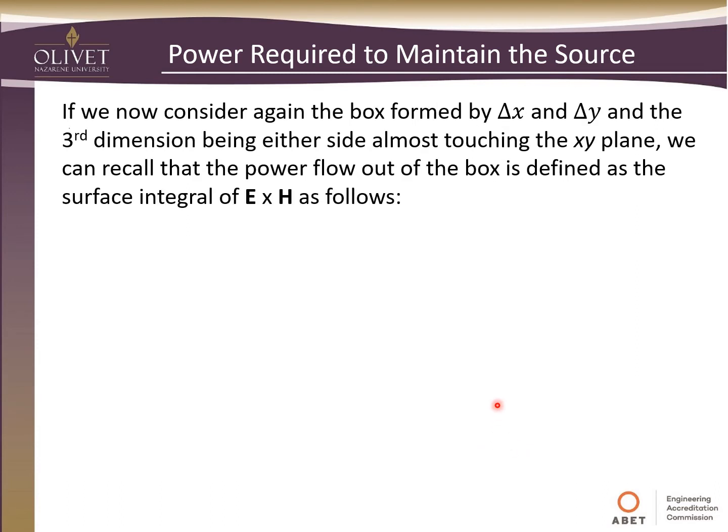If we now consider again the box formed by our differential lengths, delta x and delta y, and then this third dimension being either side almost touching the xy plane, we can recall then that the power flow out of the box is defined by this integral that we used last time, crossing our electric field with our magnetic field, taking that cross product.